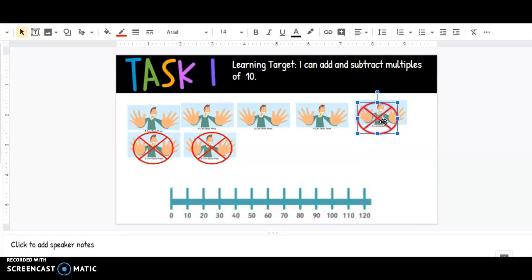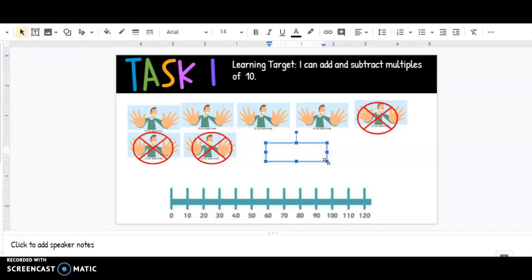So I had 70 and I asked 3 people to sit down. What equation would represent that situation? Well, we know there were 70 and we asked 3 people to sit down.